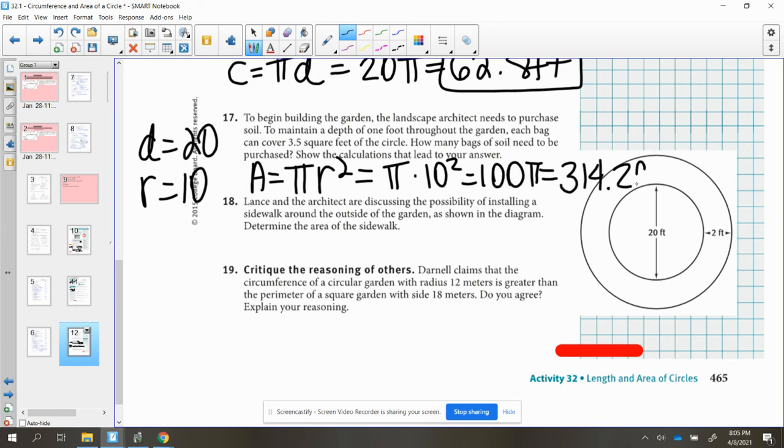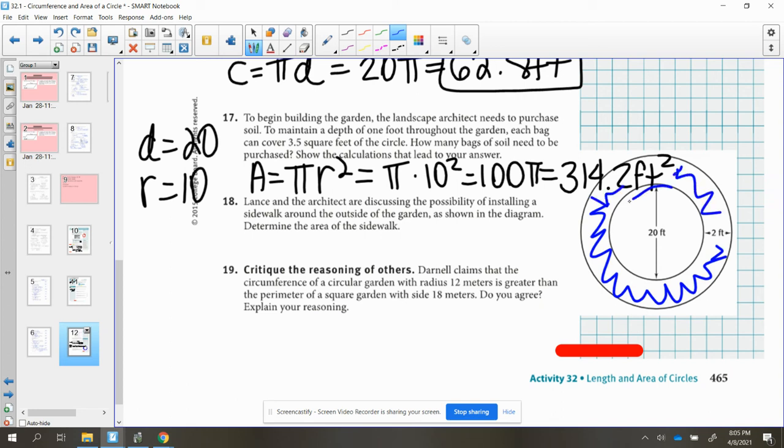And now area is, of course, feet squared. Now, notice this, we have this big circular area here, and then they're telling us we have this grassy garden in between here. What if we wanted to figure out the area of just this region inside of here? Right, what if we wanted that?